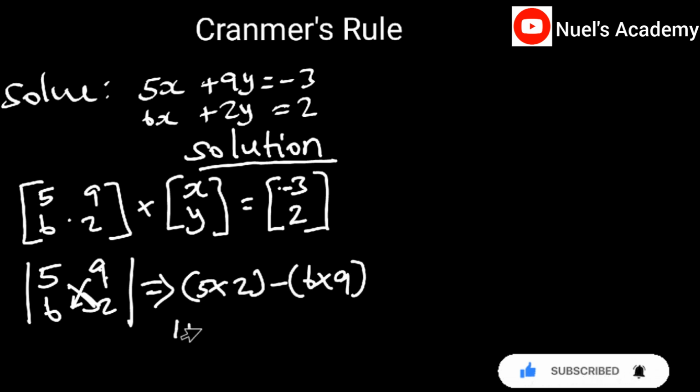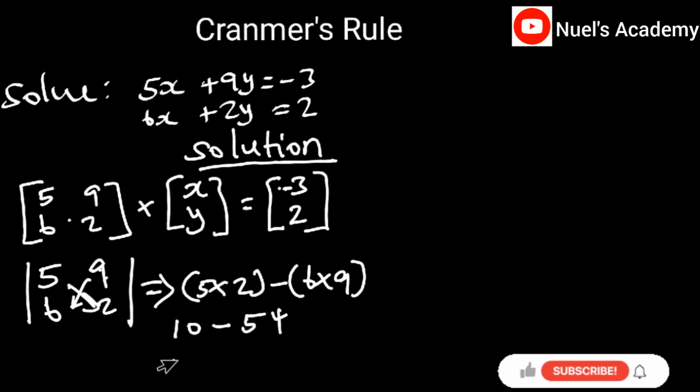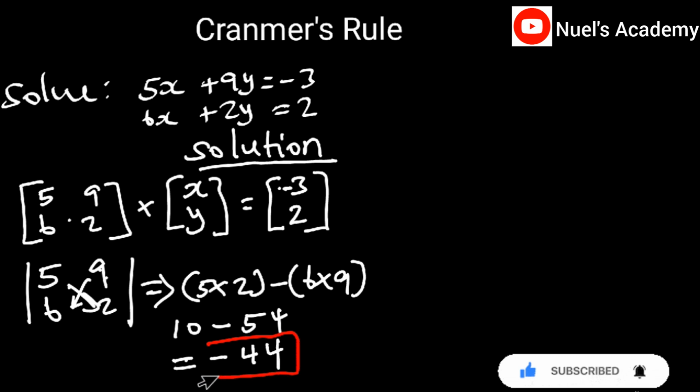So 5 times 2 is 10, minus 6 times 9 is 54. So 10 minus 54 is equal to negative 44. So this is the determinant of the problem matrix.